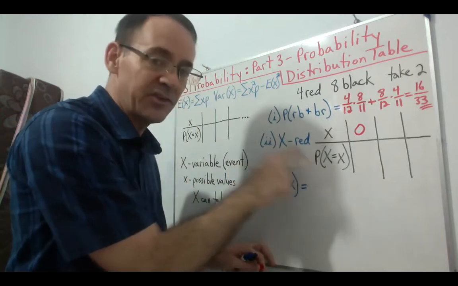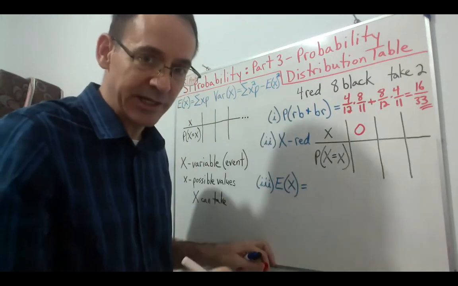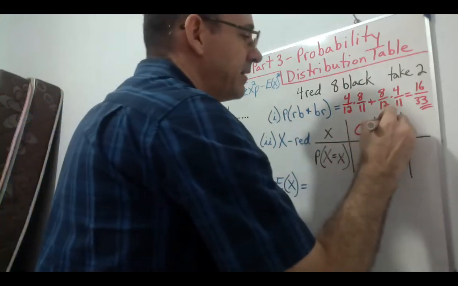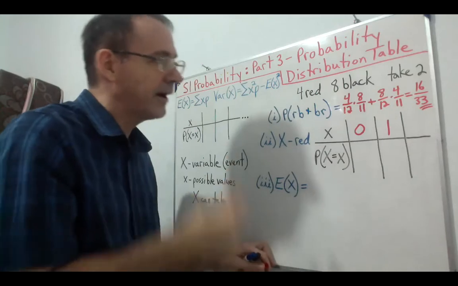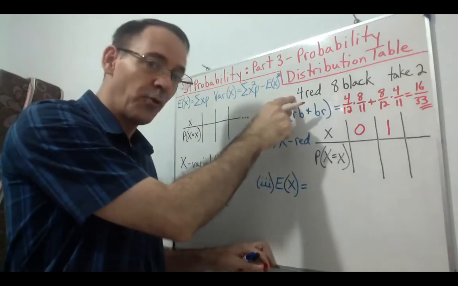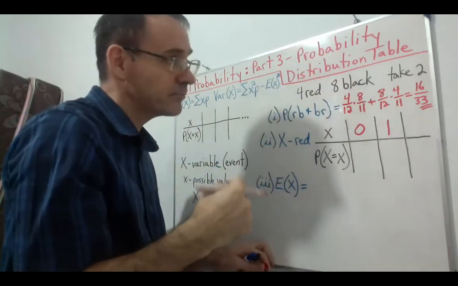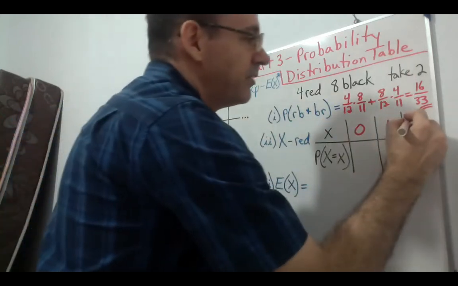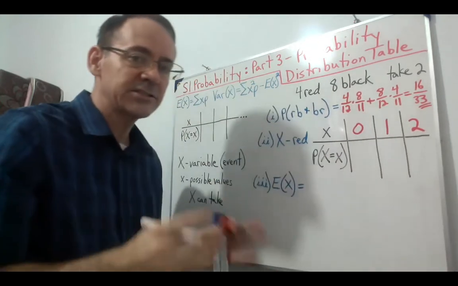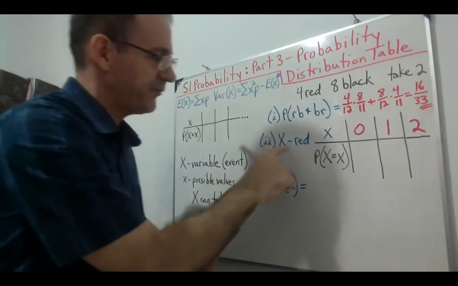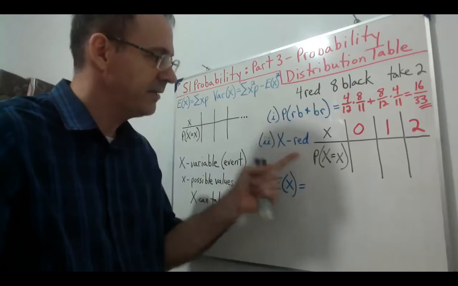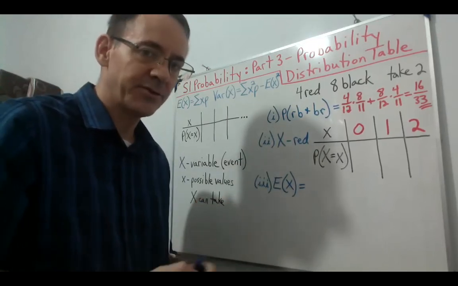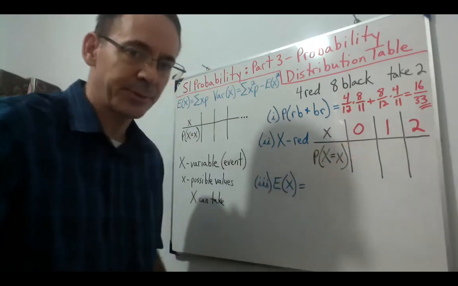Our variable is how many red socks we end up with. So we could end up with no red socks, we could end up with 1, or because there are 4 of them in the mix, both of them could be red. So the possible values this variable can take are none, 1, or 2. That was the first mental thing to do, figure out the possible values.